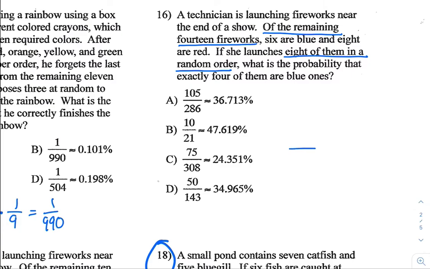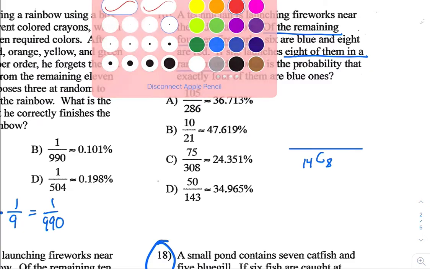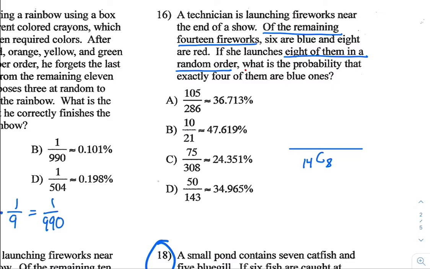So that's your total. 14 total fireworks, and you're choosing 8 of them. This is combinations. Now we're going to get into the specifics.